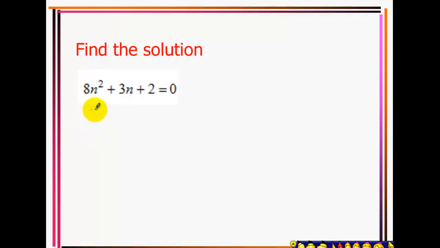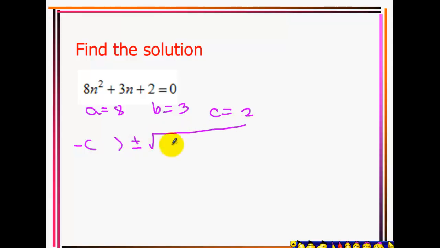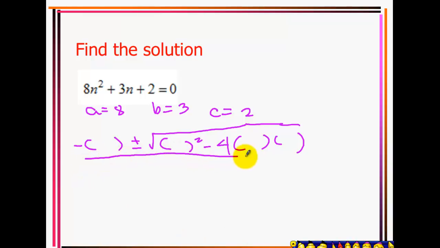First, let's identify our a. B is 3, c equals 2, and then we are going to set up our formula, negative b plus and minus the square root of b squared minus 4 times a times c, divided by 2 times a.